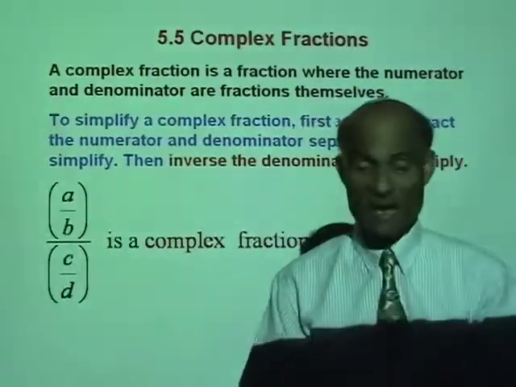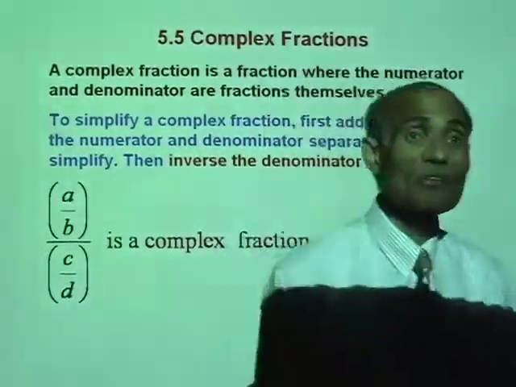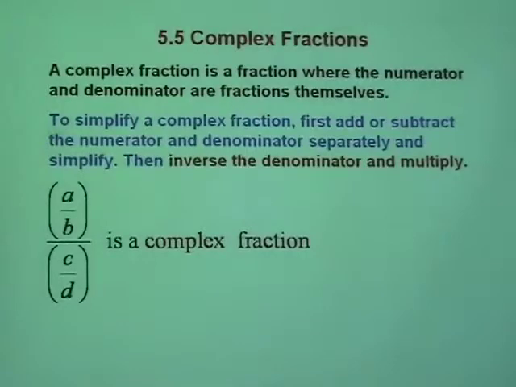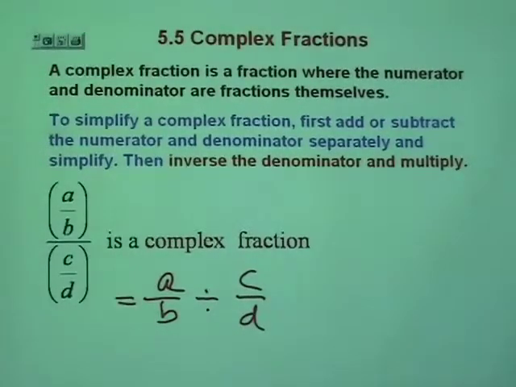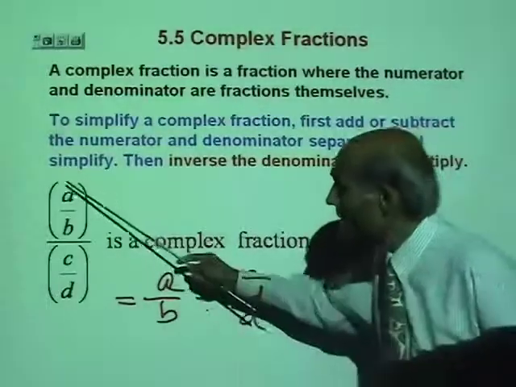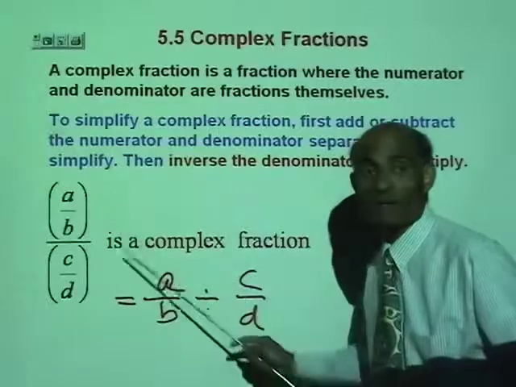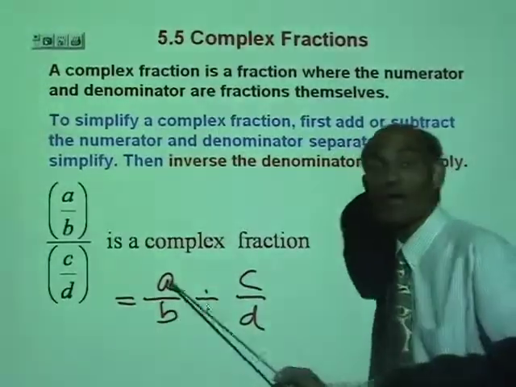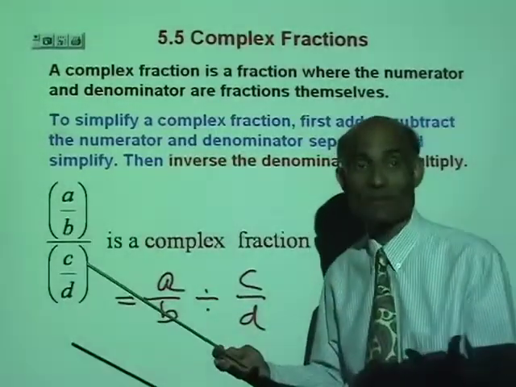Now, this can actually be written in the familiar form. Now, watch me do this. This is actually the same as A over B divided by C over D. Writing this way and writing this way are exactly the same thing.